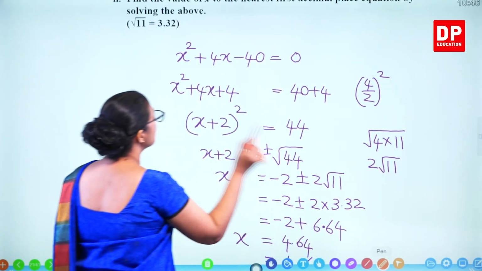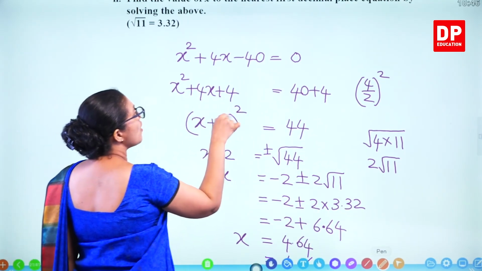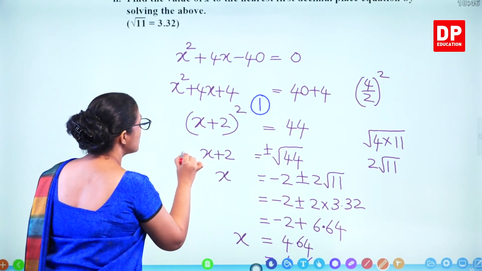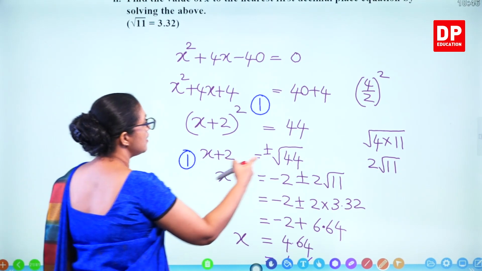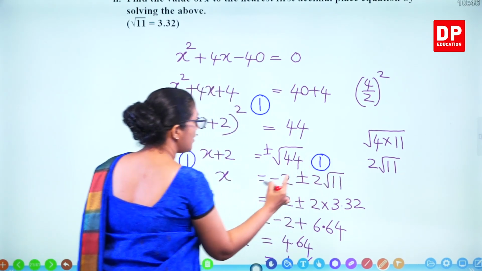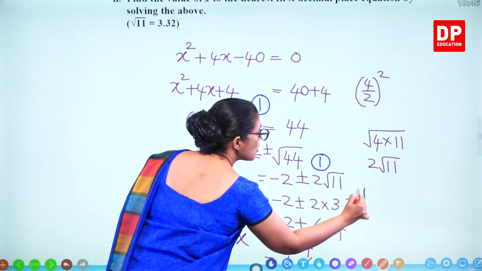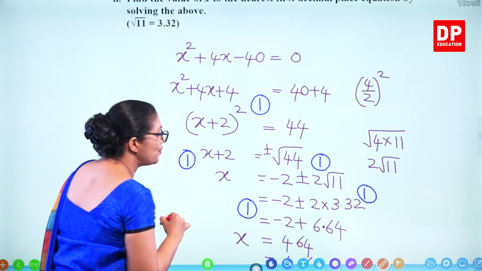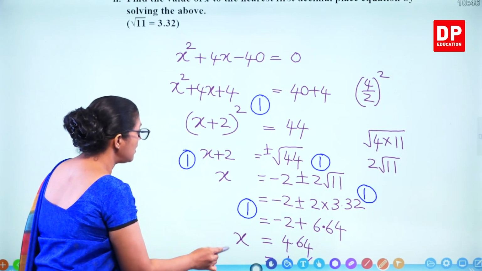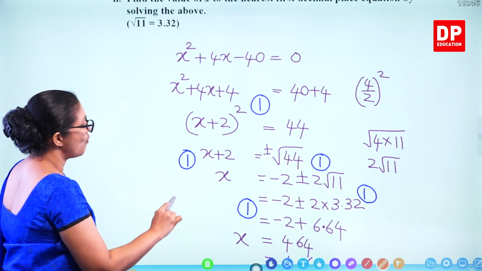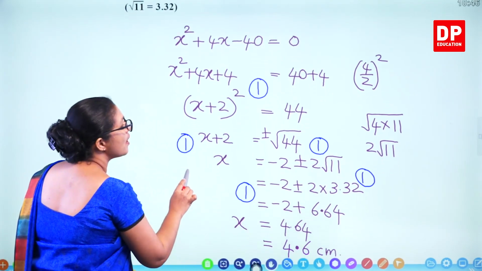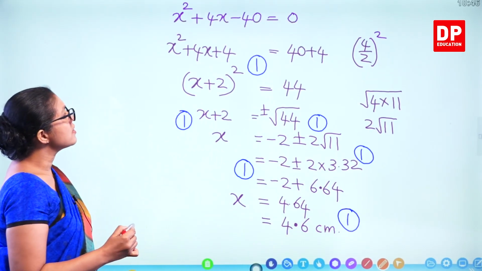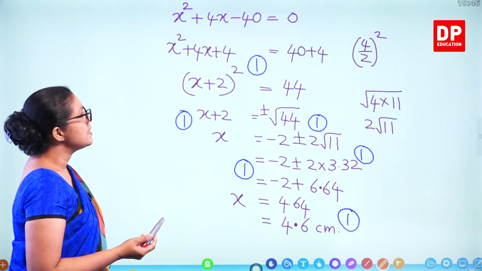So you can get marks for solving: the completing square method, taking the square root, finding this one, and substitution, and only taking the positive value, and the final answer rounding, 1, 2, 3, 4, 5, and the last one, rounding correct to 1 decimal place, another 1 mark. So 6 plus 4, altogether 10 marks.